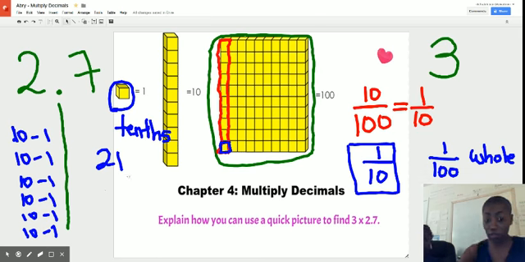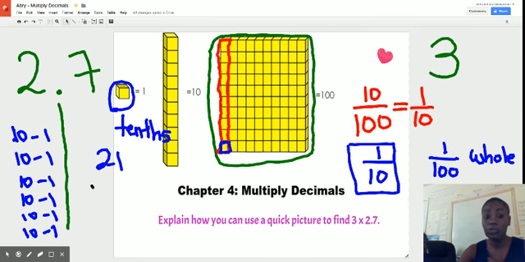So we have 21 of them. And we're multiplying 2 7/10 by 3. How will we figure out? Are there any whole numbers in this 21? You said yes. How do you know there are whole numbers in that 21? Because there would be 2 10s.